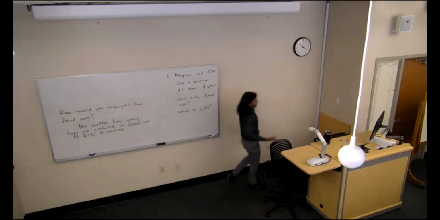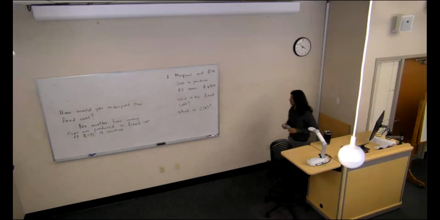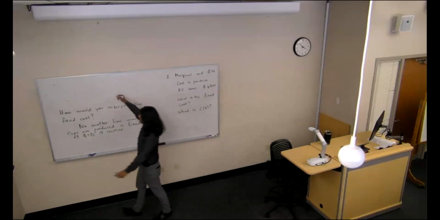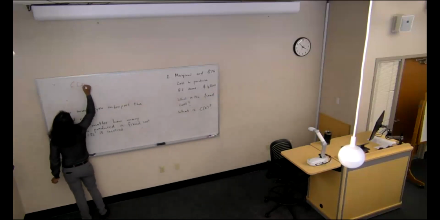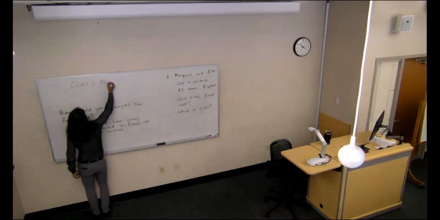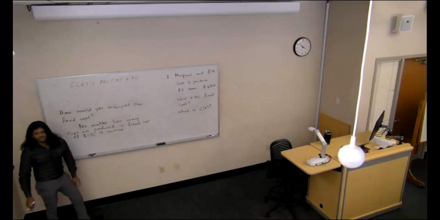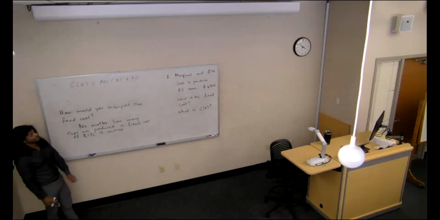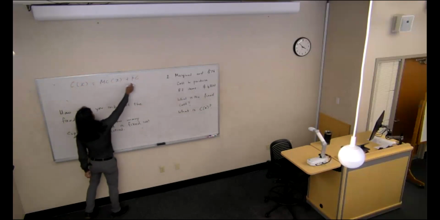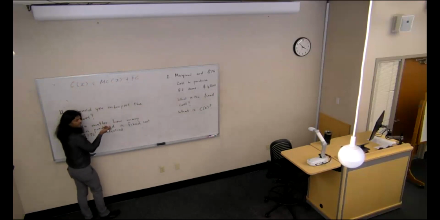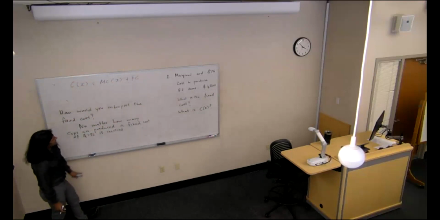I'm going to start with the equation, which is C of x is equal to MC times x plus FC. If you want to use a different letter, go for it. I'm writing it this way, so you can understand it easily.